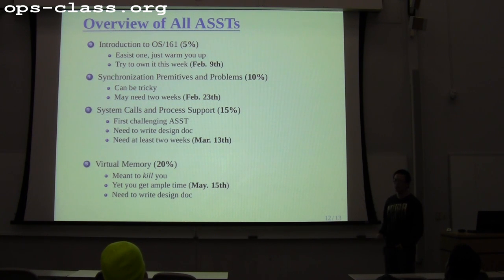So get started earlier. Don't wait till the last week to start assignment 3. You also need to write a design document for that. One general tip for all the assignments is to just start earlier. You really want to start like last week or last month instead of next week.